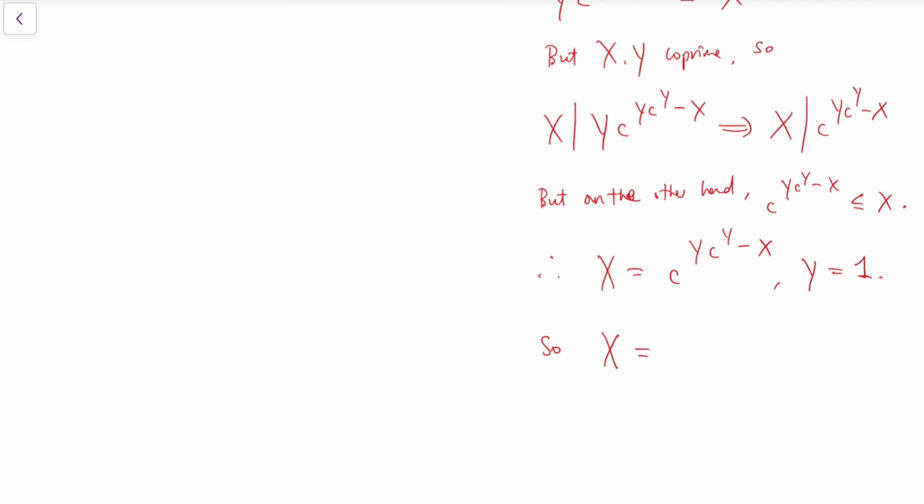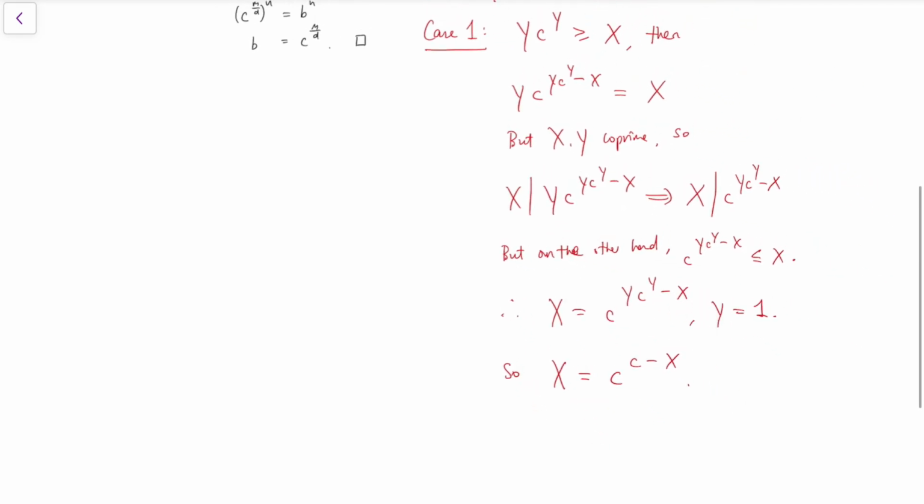So it's not just X equals the power of c, we can even simplify that power, and we have c to the power c minus X. We now have a much simpler equation. But our condition actually tells us over here that Y times the power of c is greater than or equal to X, and that Y is equal to 1. So this means c is greater than or equal to X.